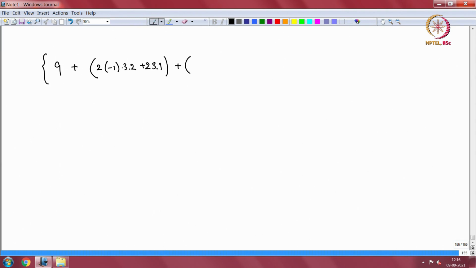Then the third term gives me 2 into minus 1 into 3 into 2 plus 2 into 3. The fourth term gives me 4 into 2 into 2 plus 4 into minus 1 into 2 into 1 plus 4 into minus 1 into 2 into 1 plus 4.